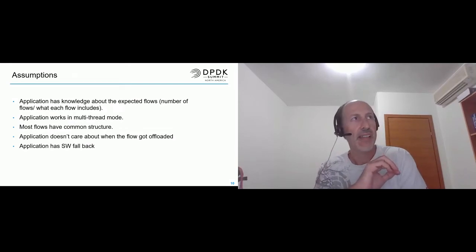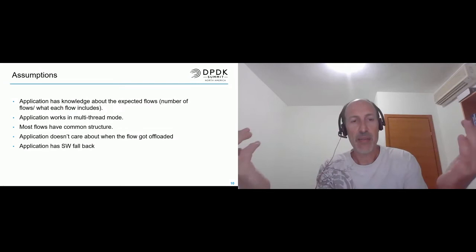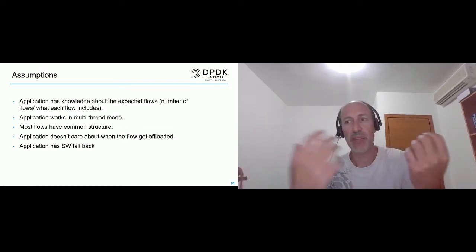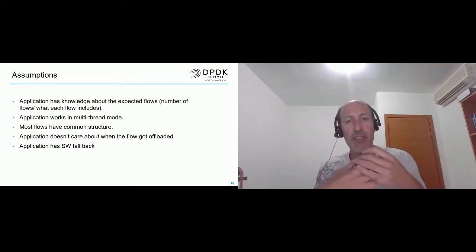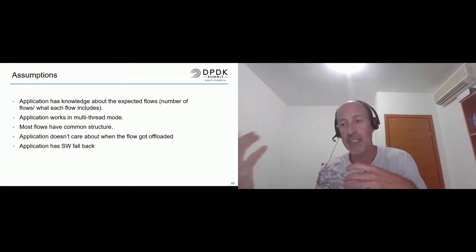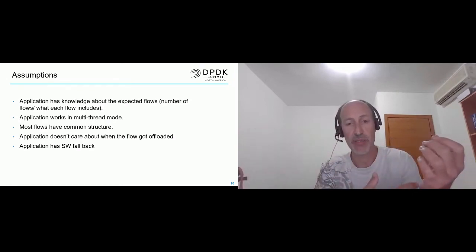Okay. Secondly, what are the assumptions? In order to create the best API, we need to have assumptions. So first of all, the assumption is that the application knows what flows it is expecting to see, what actions it expects to use.